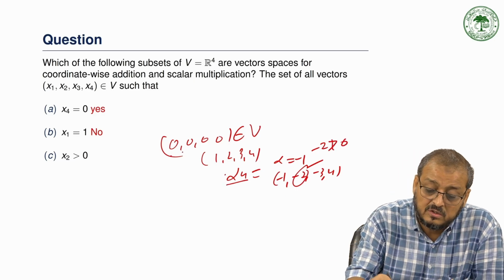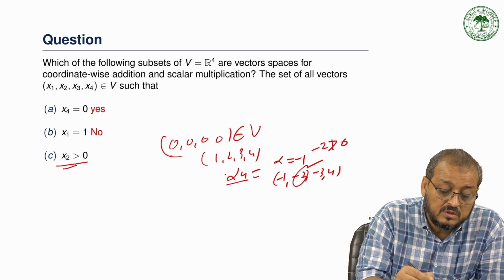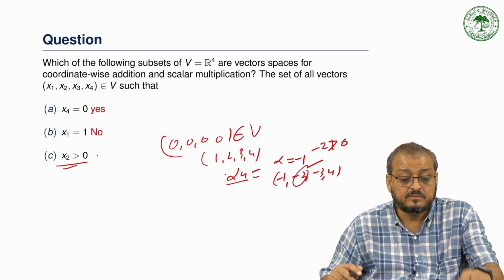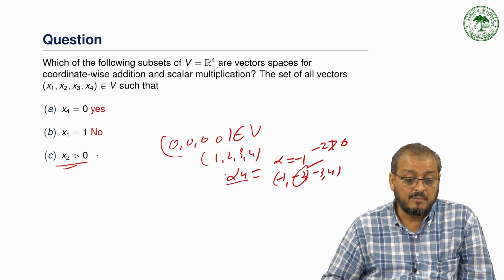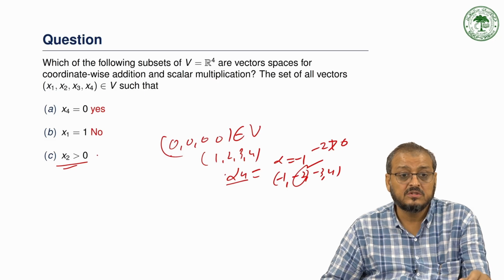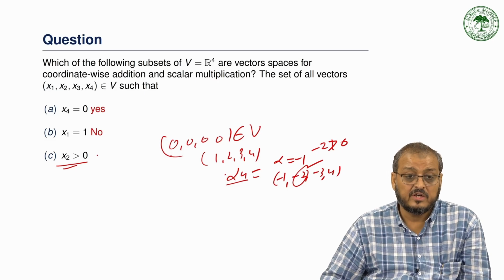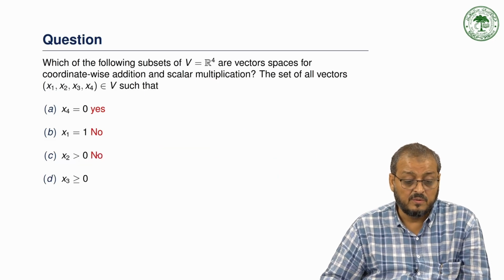So the identity element is not there, and it is also not closed under scalar multiplication. So this is clearly not a vector space in this case also. The answer is no.